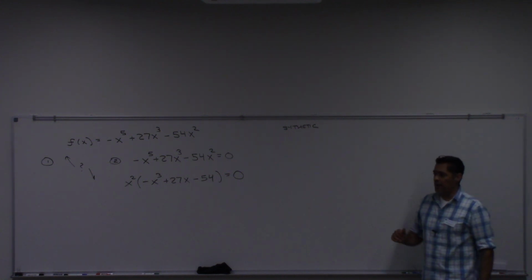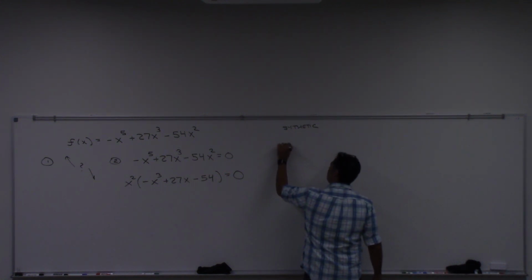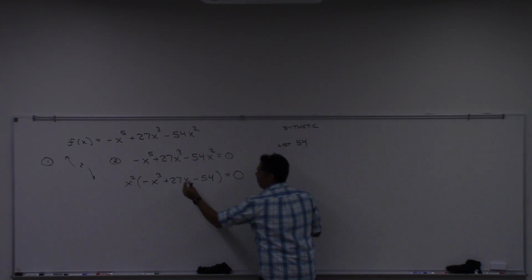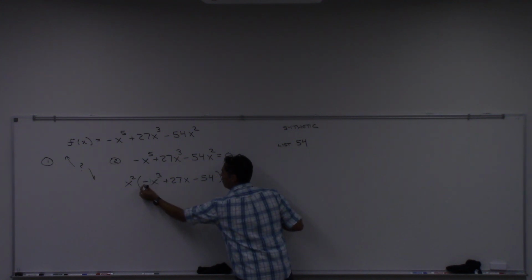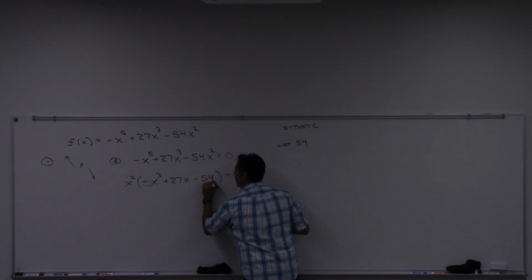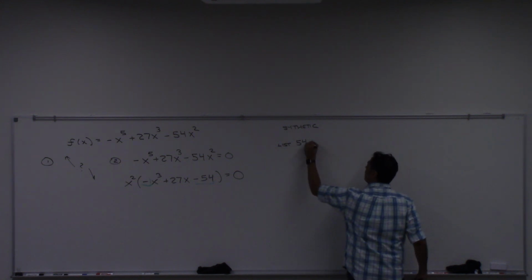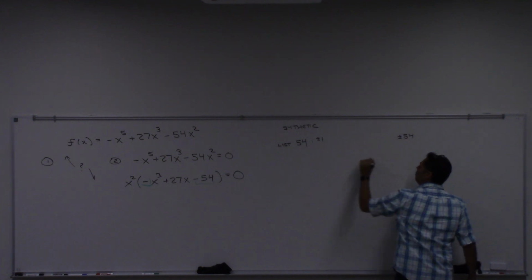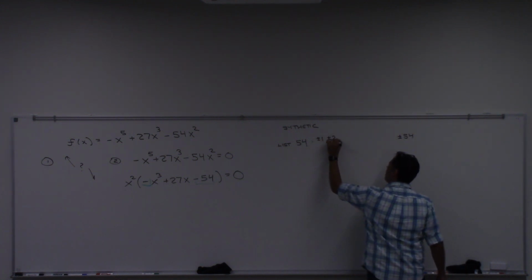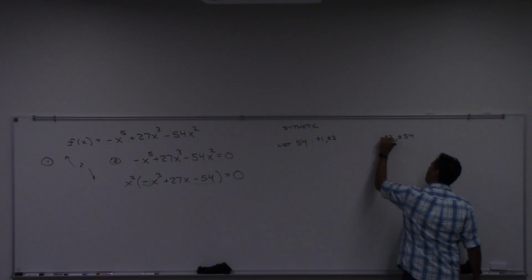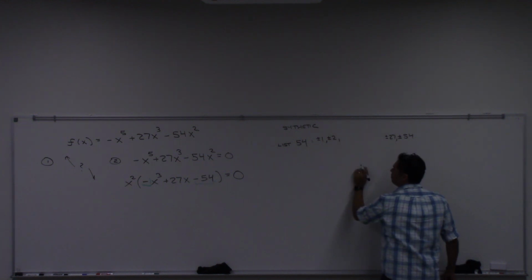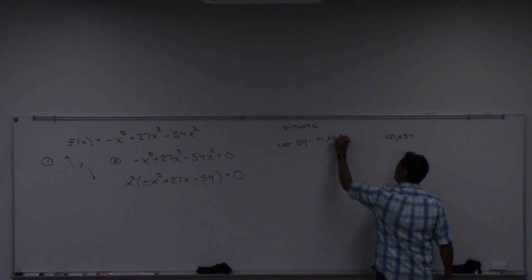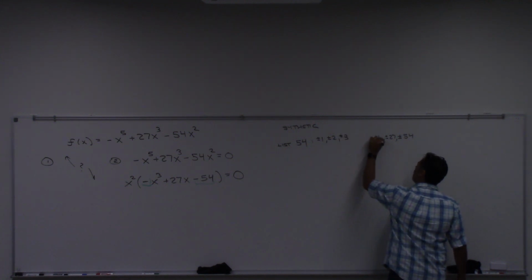Okay, so the list. We're going to start with the list. That's the next step. List all the factors of 54. Remember, I'm just in the parentheses, so I'm looking at this. For my list, it's going to come from those. So 54. All the factors of 54. 1 and 54. 2 goes in there, 2 and 27. 3. Does 3 go in there? Yeah. 3 and 18. 4?